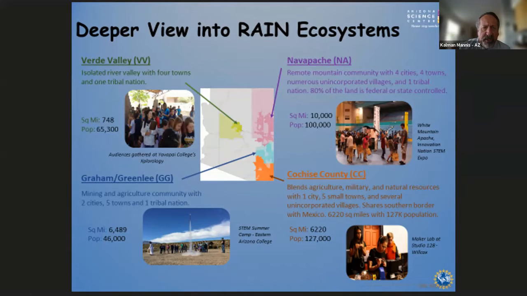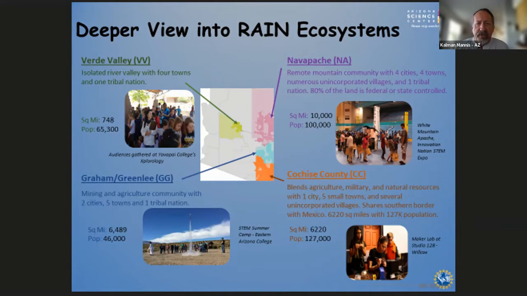The right-hand side of this map is the eastern side of the state, and that's bordering on New Mexico, and the southern part is Mexico. So very diverse populations, several tribal nations, quite a mixture of agriculture and a few settlements. Most of the towns are under 10,000 people.